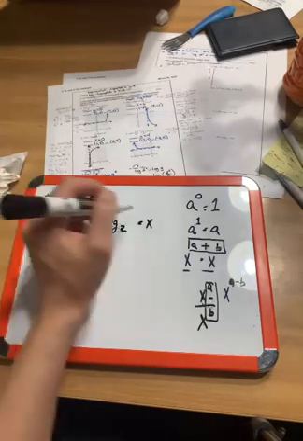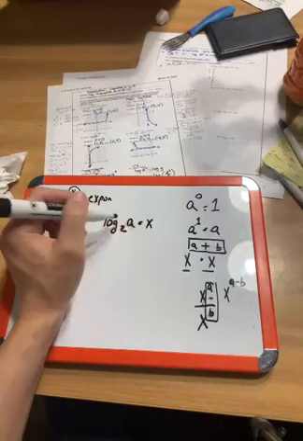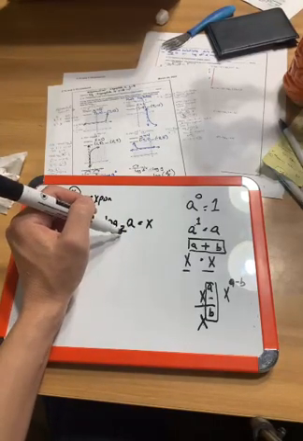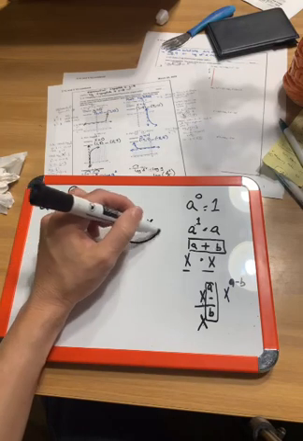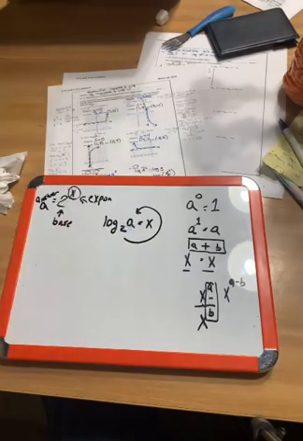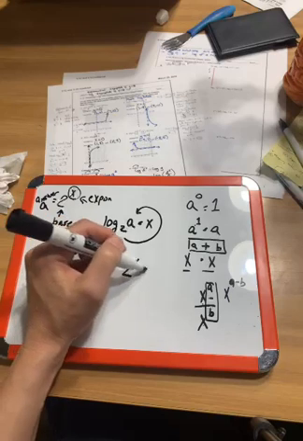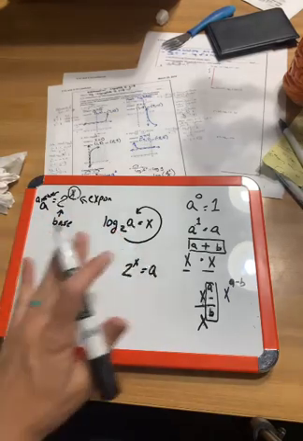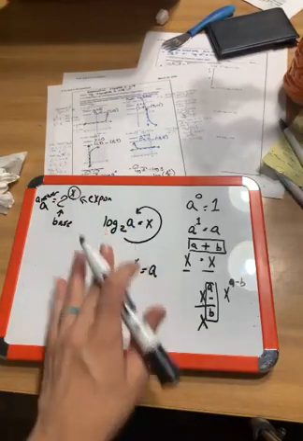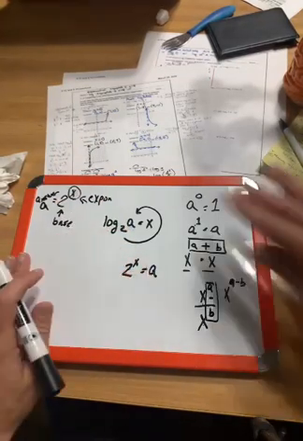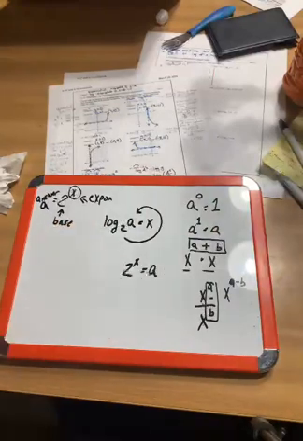I'm just going to call our answer A. And the way I like to think about this, because this 2 is actually dropped down a little bit, is that I always do a circle. So 2, which is dropped down, raised to the x equals A. If I were to take the log out and rewrite it as an actual equation, log base 2 of A equals x would be 2 to the x equals A.